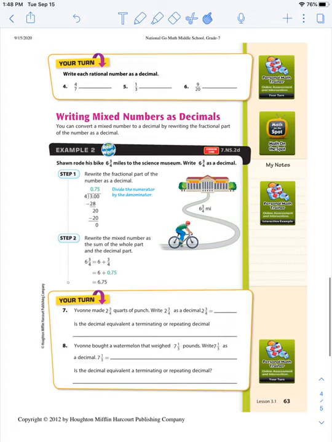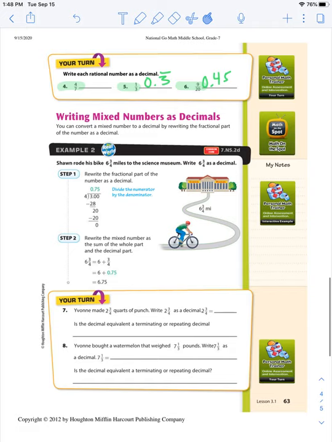All right, we are still going to practice up at the top here though. So write each rational number as a decimal. You can just use your calculator for these, or some of them we should already know. 1/3 is a common one that you should have memorized, 0.3 repeating. 9/20 is 45 hundredths, or 0.45. And then 4/7, use your calculator for that one.